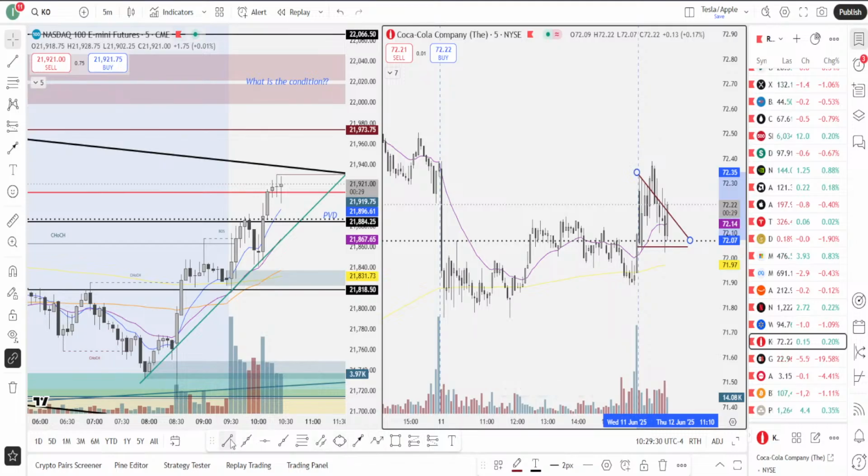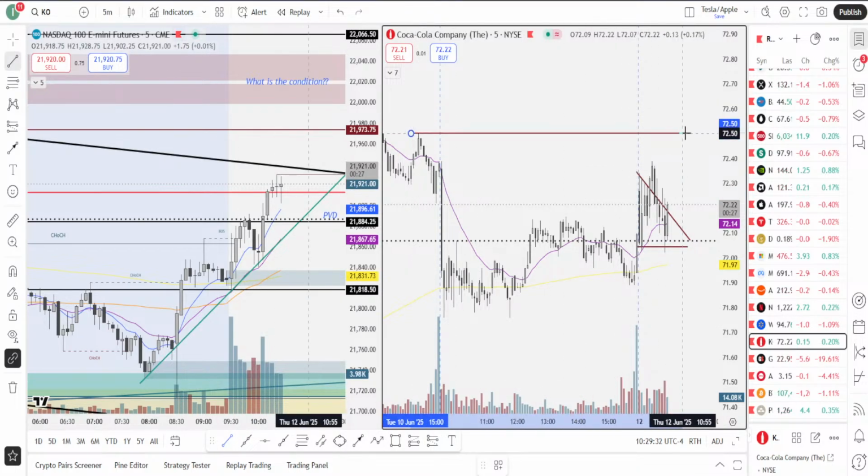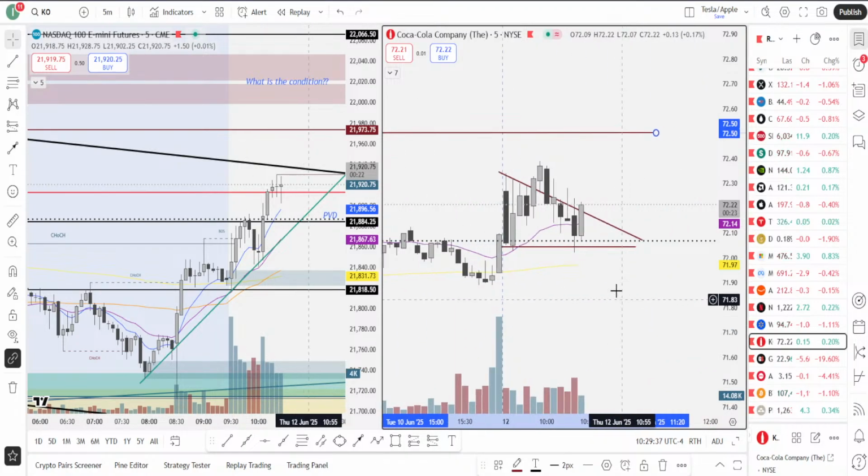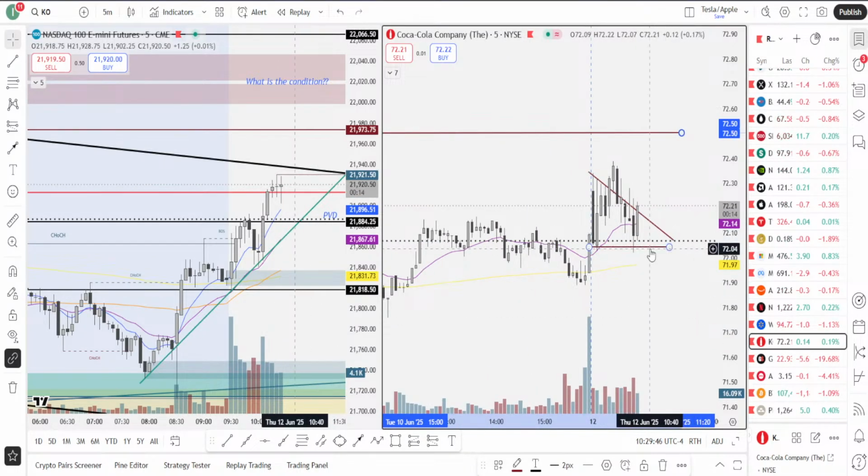They could possibly rip it all the way up here if this candle closes strong outside of that range. This could be a good setup on Coke.